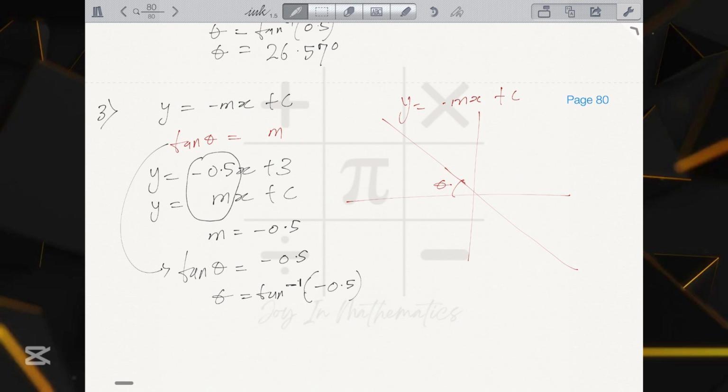Now we can use our calculator to derive theta to be arctan minus 0.5, and we will have a negative angle of minus 26.57 degrees.